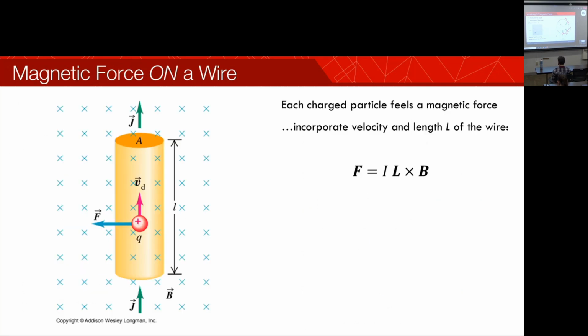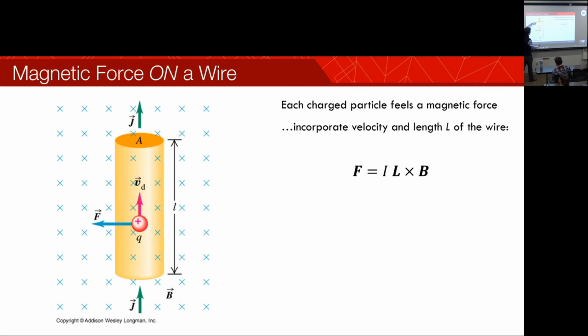Okay, so a force on a wire. So we have a charge moving with velocity v and a magnetic field going into the board, which means there's going to be a force this way on the wire.